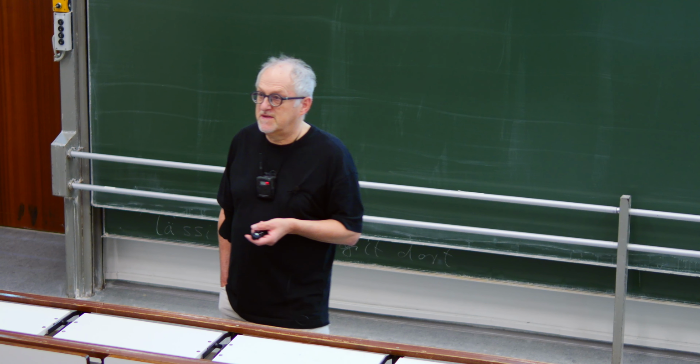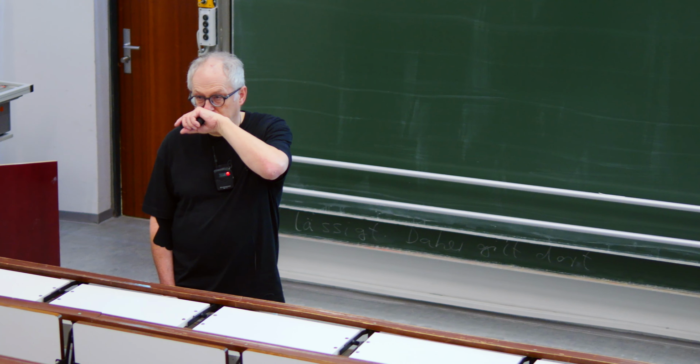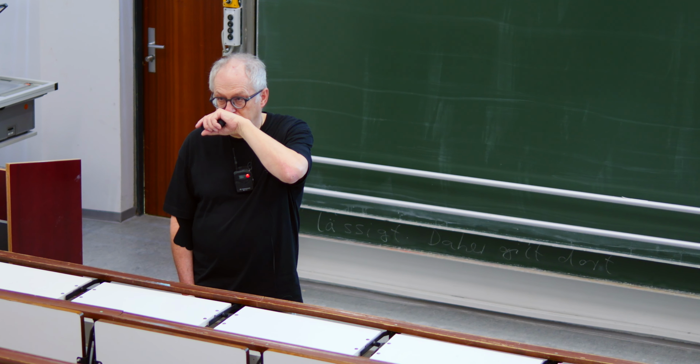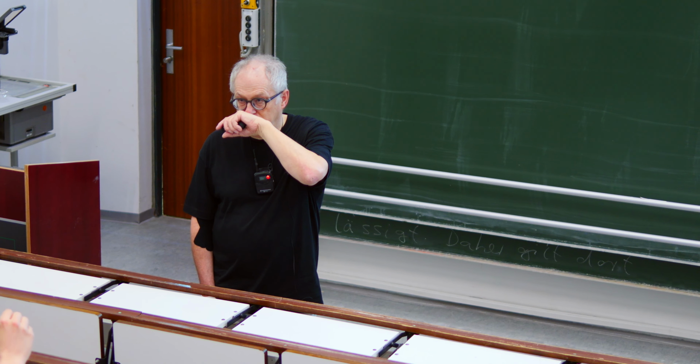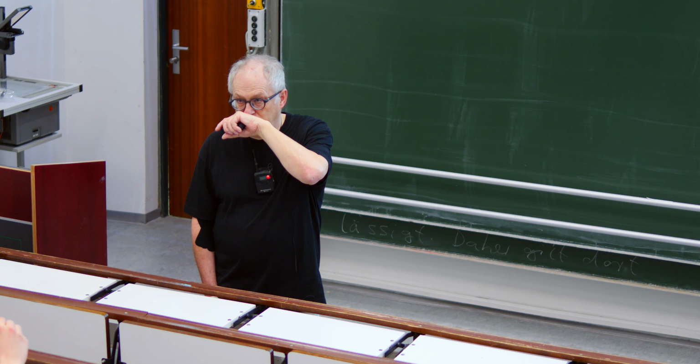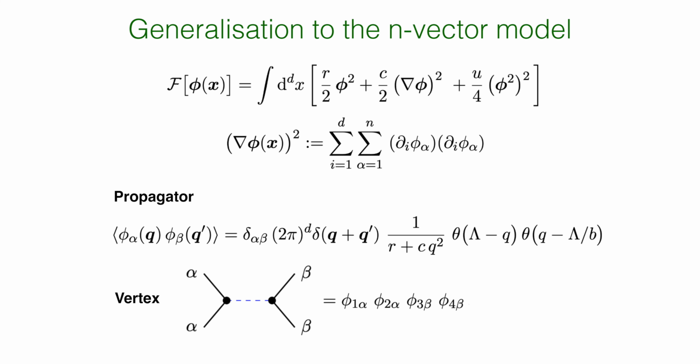Yeah, please. So if you have the expectation value of phi alpha and phi beta, why do you get this 1 over r plus c q squared term? Because this is the propagator or the correlation function of the harmonic theory. That's the one we expand around. And the harmonic theory is just the two terms that you have here as the first two terms.